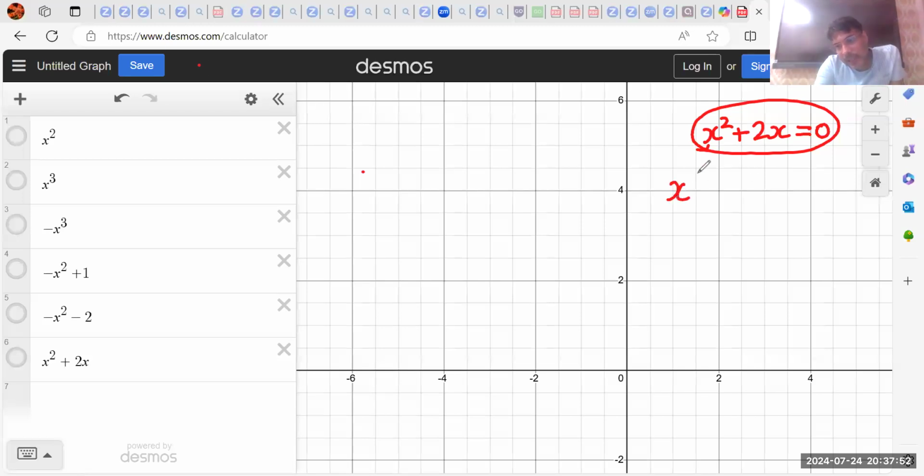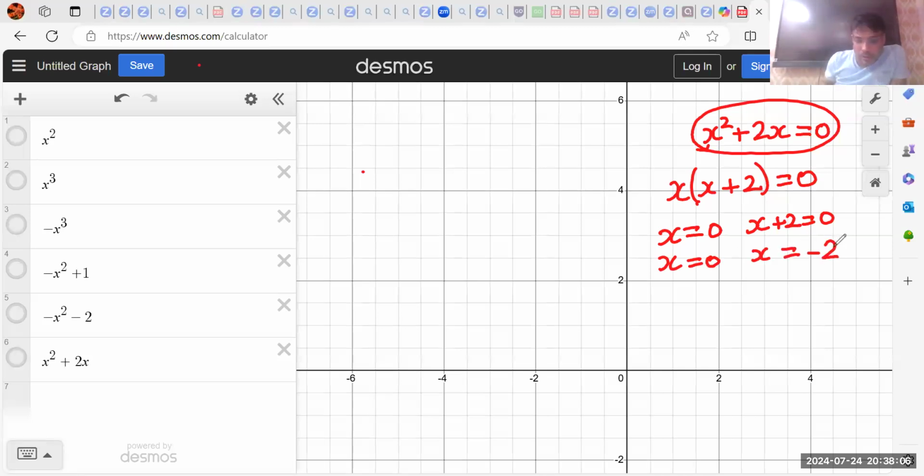Guys, you will take x plus 2 equal to 0. Then either x is equal to 0 or x plus 2 equal to 0, which means either x equal to 0 or x equal to minus 2. Understood, guys?